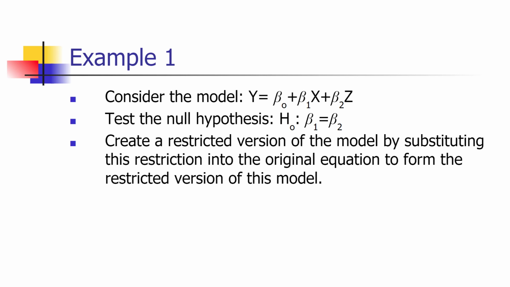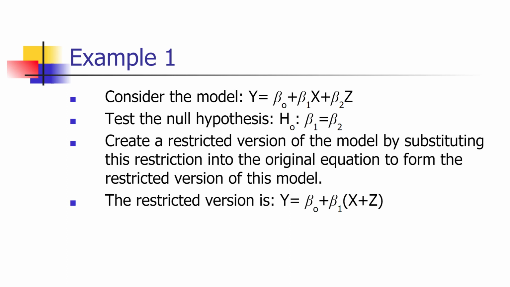The way in which we create the restricted version of the model is we substitute that restriction into the original equation. In this case, if we replace beta 2 by beta 1, we get y is equal to beta 0 plus beta 1 times the sum of x and z. Or alternatively, we could just as easily have said y is equal to beta 0 plus beta 2 times the sum of x plus z.